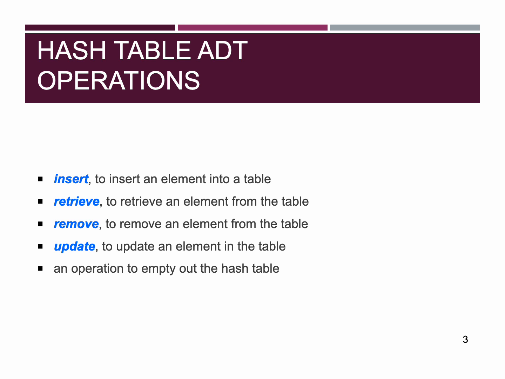This allows us to modify an existing element in the table. Using the key, we locate the element and then update it with new data. Then finally, there's an operation to clear all elements from the hash table, effectively resetting it.